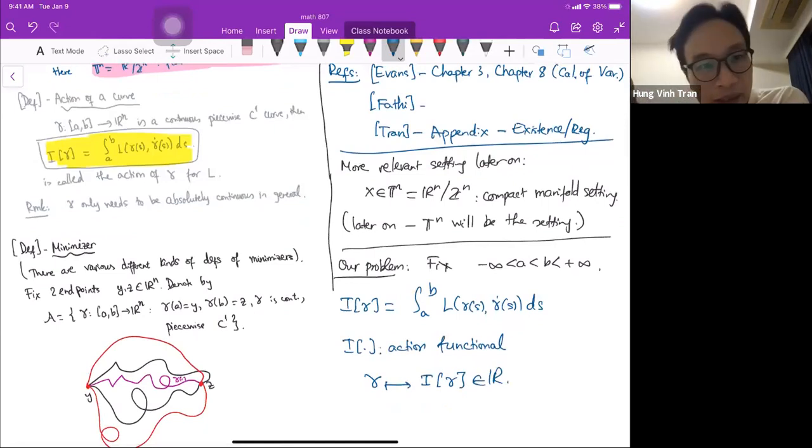So this is called the action of gamma for L. And as I said, we're going to go from a very basic baby setting to a more general setting.